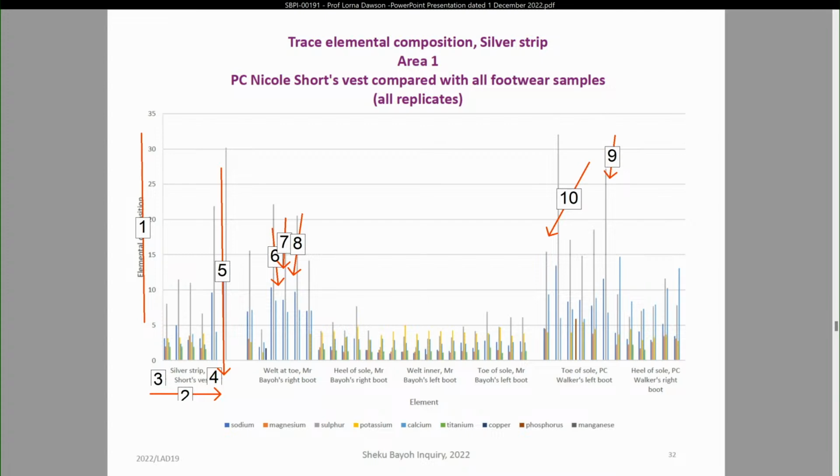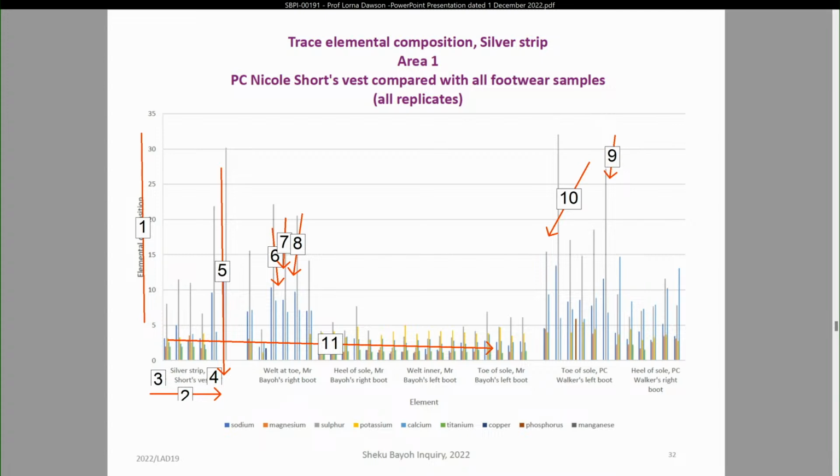And if we look then at the more soil-like replicates 1, 2, 3, and 4 from the silver strip, they are more similar to some of these replicate samples there. So we're looking at each individual area that is measured and looking for commonalities of patterns in terms of the elements present in those samples.